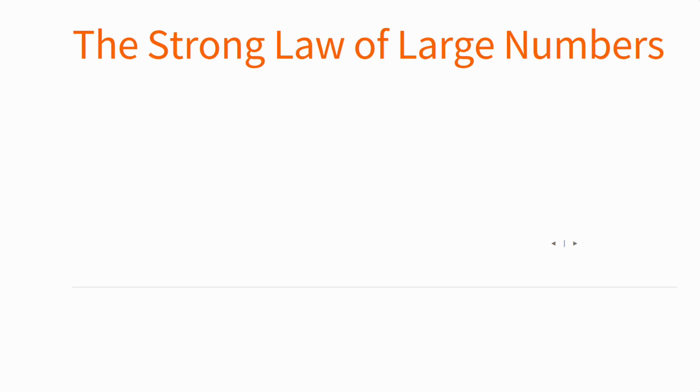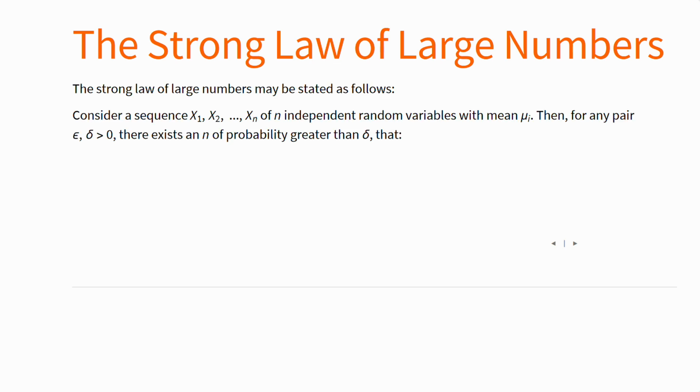But as you can guess, that weak law also has a stronger version. That is, for a sequence of independent random variables of different means, the difference between distributions and their means is reduced to epsilon, which is as close to 0 as desired as n grows.